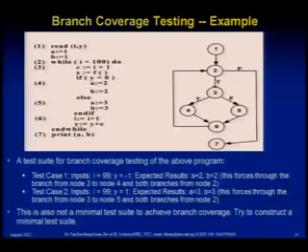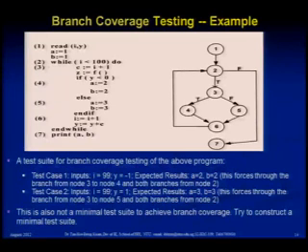Any nodes that have multiple outgoing edges are decision nodes. So in this control flow graph, there are 2 decision nodes, here and here. Each of them has 2 outgoing edges. Nodes 2 and 3 are the decision nodes.